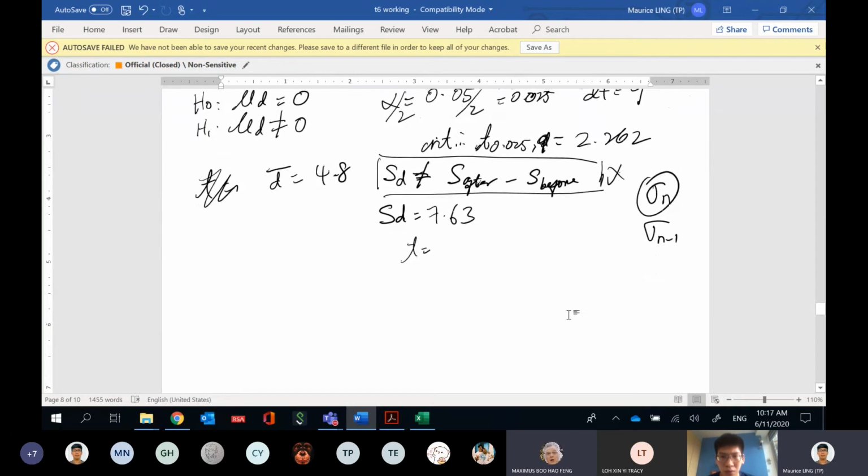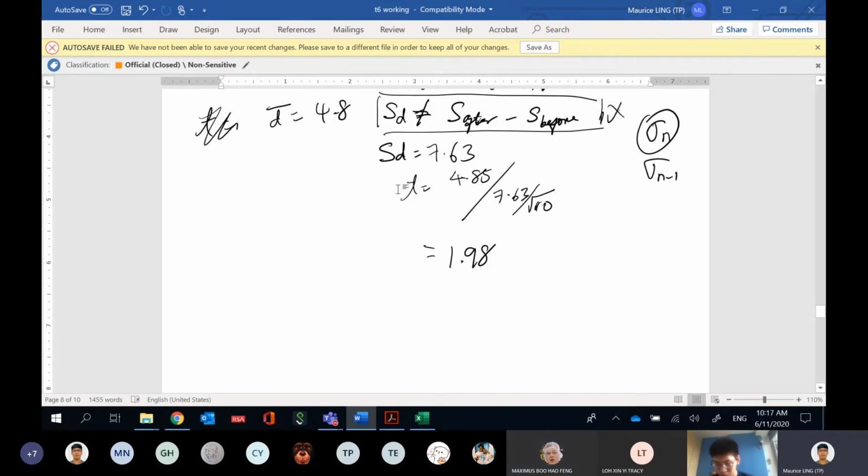Tell me how you calculate it. 24 over 5, for the D bar, which is 4.8. 4.8 divided by 7.63 over root 10. Is it 9? 10, yes. And you get what? 1.98. Okay, close enough.